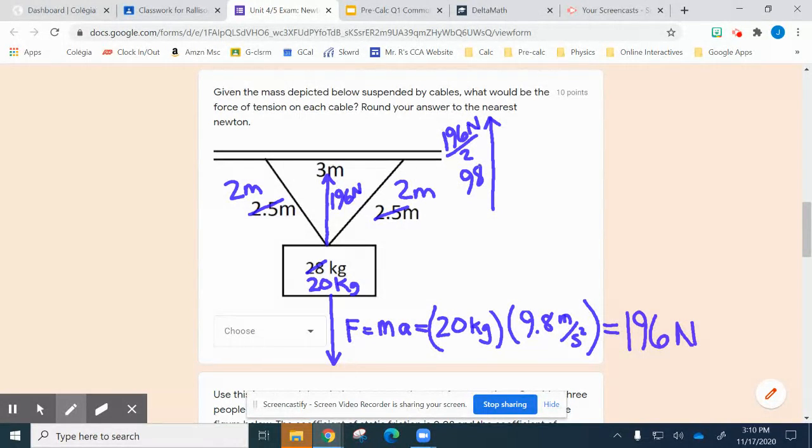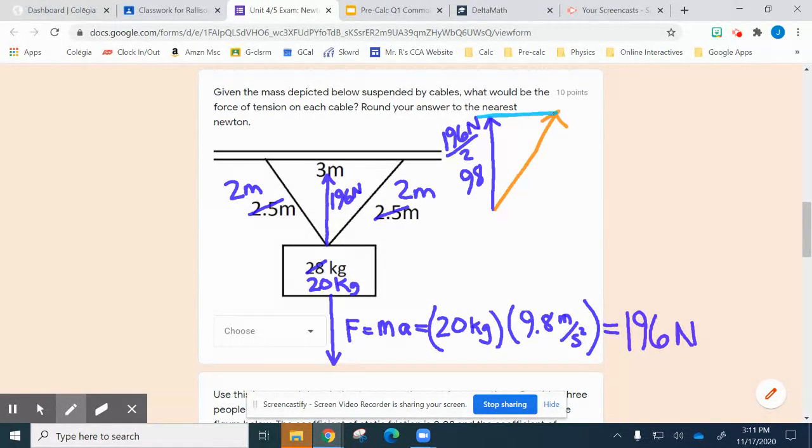And now I'm going to switch colors here so we can make things followable. What we actually want to get is the tension on this rope right here. So we need to figure out the proportions of the triangle. We have this triangle right here, and the third part of the triangle is going to be the ceiling right there.